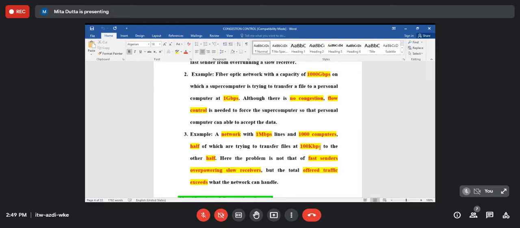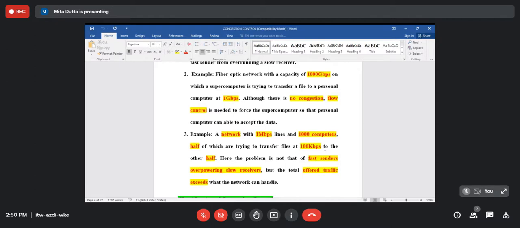That means at the sending end we have 500 sending computers, and at the receiving end we again have 500 computers, and the sending computers have a capability to send at 100 kbps, and the receiving computers have a capability to accept the data at 100 kbps.